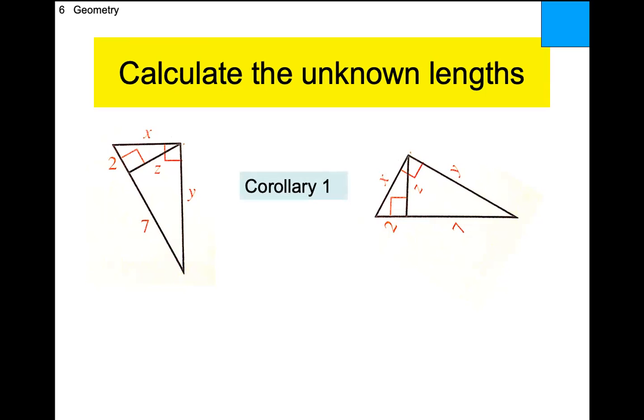Z. Okay, so corollary 1 talks about Z. Now you just have to apply corollary 1 to whichever picture you're using. 2 times 7, in the square root. Perfect. 2 times 7 is 14. Any perfect squares in 14? So you're done.